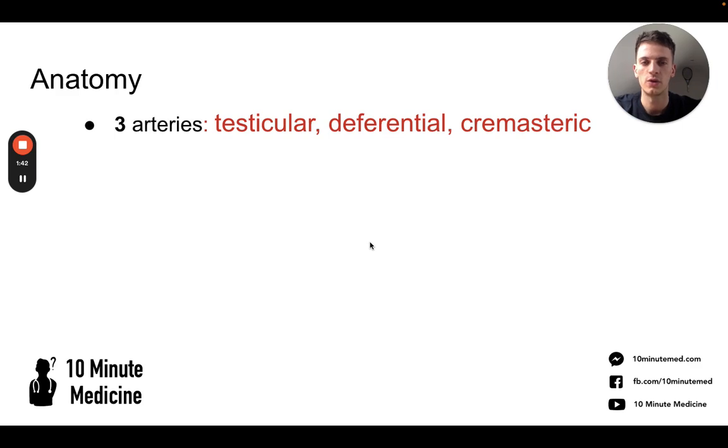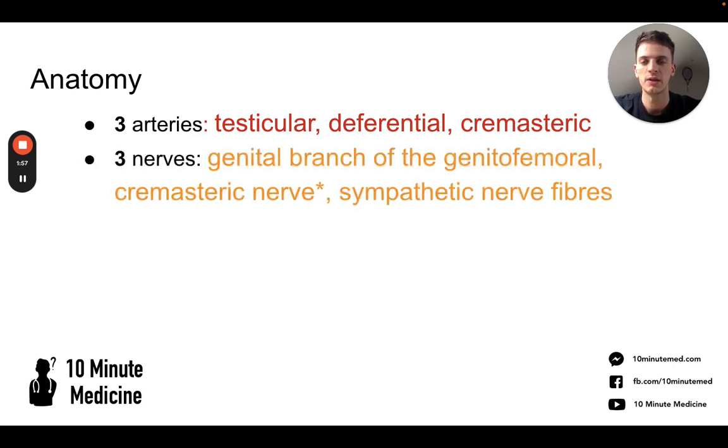There are also the structures within the spermatic cord. There are three arteries: the testicular artery, the artery to the vas deferens or deferential artery, and the cremasteric artery. We've got three nerves: the genital branch of the genitofemoral nerve, the cremasteric nerve, and the sympathetic nerve fibers.